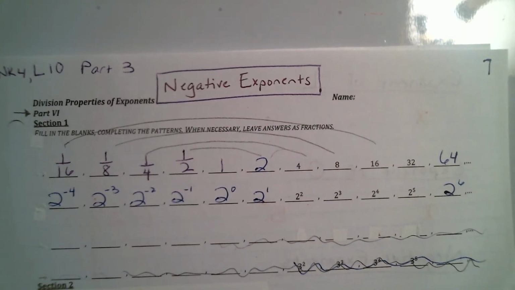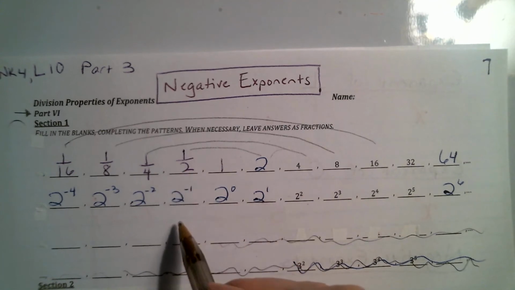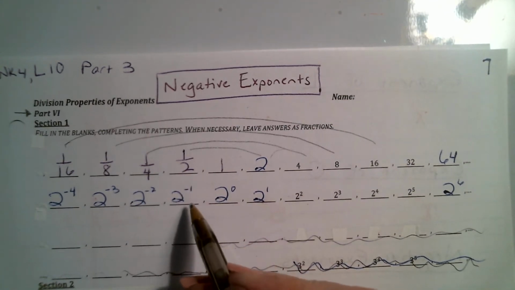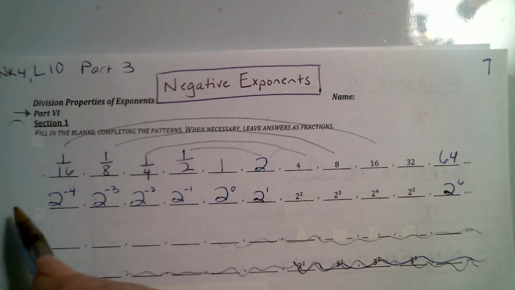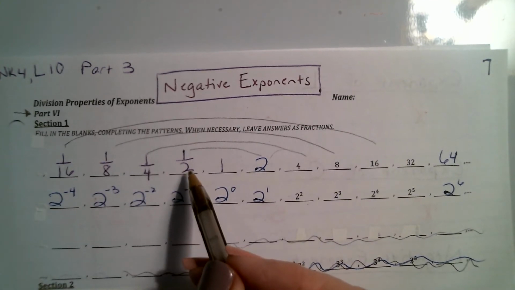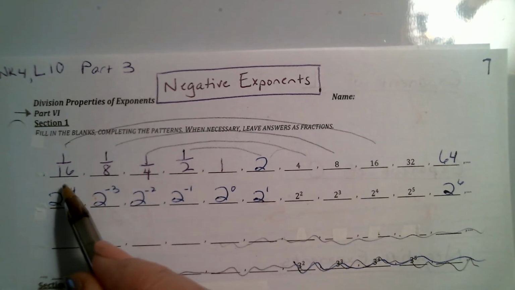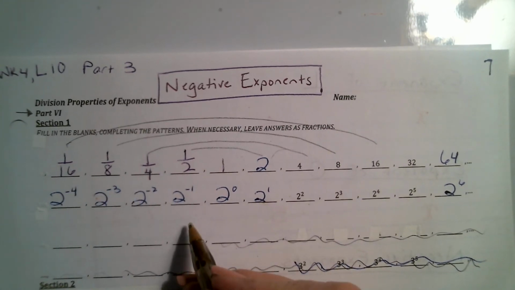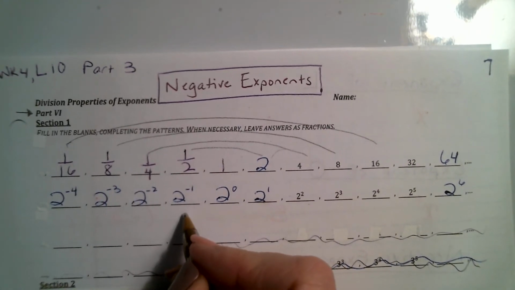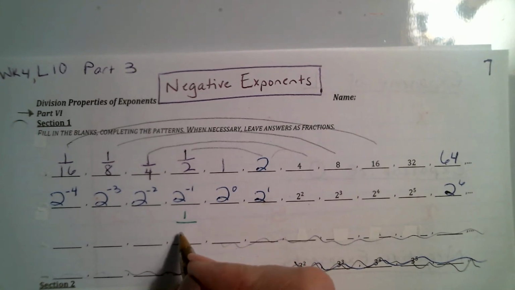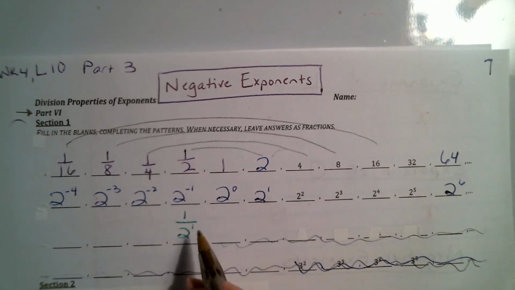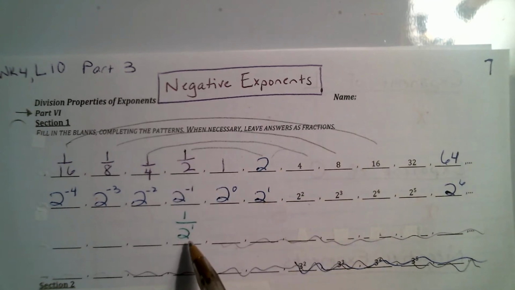So another thing I want to point out is the rule that we just mentioned about negative exponents: they're just really small, they're fractions, they're decimals. If we don't evaluate it, just express it as a power, this would be 1 over 2 to the positive first power, right?